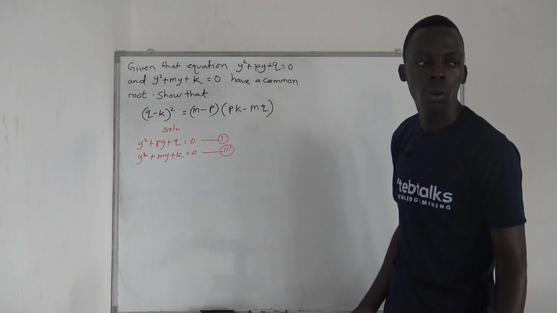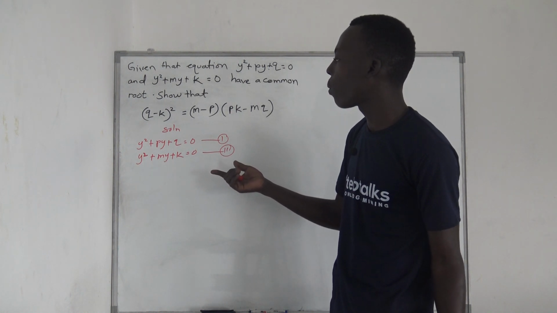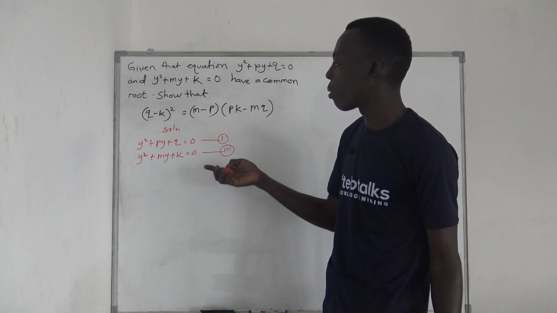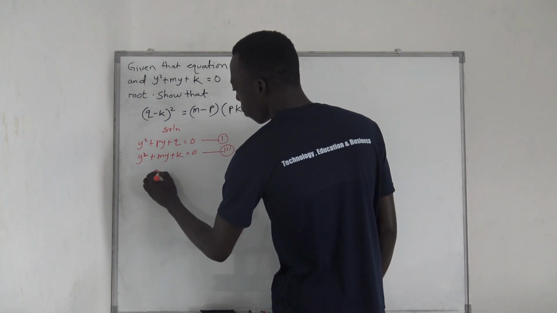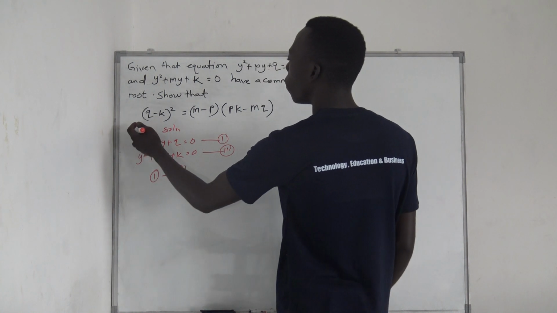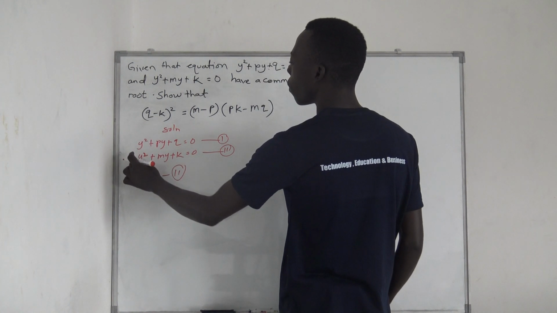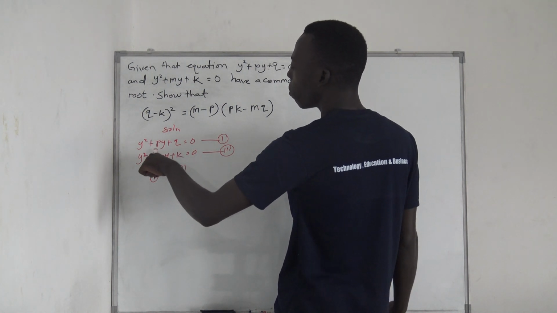So one is equation 1 and the other one is equation 2. So what we do, let us subtract equation 2 from equation 1. So say equation 1 minus equation 2. When you subtract this one minus this, the y squared will be a 0. So we count this one minus this.